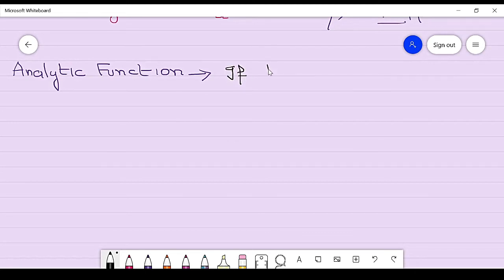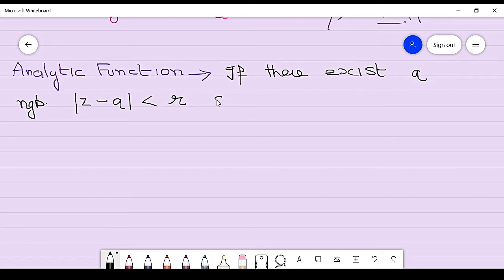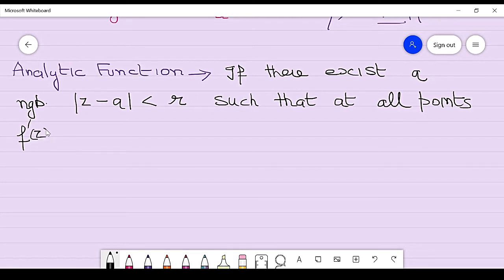If there exists a neighborhood of a, which is |z minus a| less than r, such that at all points f dash z exists, in that case the function is analytic.